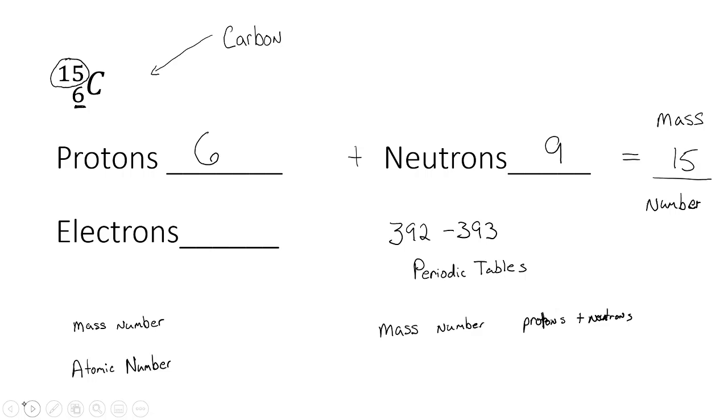If they don't, they're called an ion. Positives are called cations. I always tell cat lovers, a cat lover is positive, because being a cat lover is a good thing. It's called a cation. And that's positive. An anion is negative.